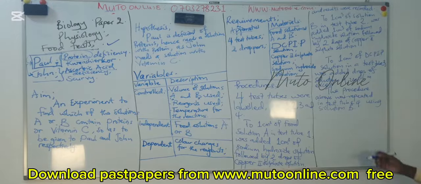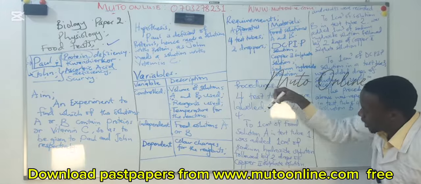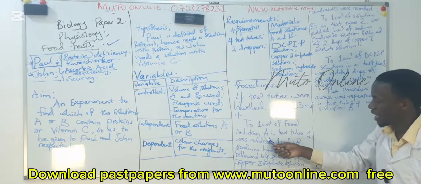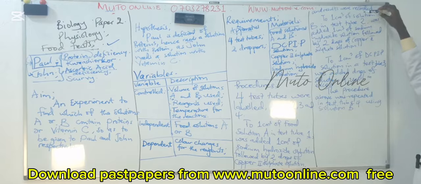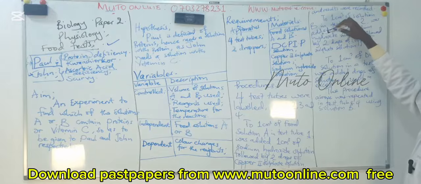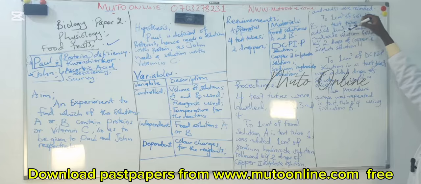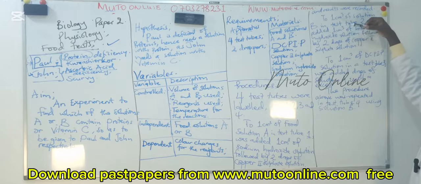So we have test tube 1 where we tested for proteins on solution A. Test tube 2, where we tested for proteins, because these are the reagents for the Biuret test. The reagents are sodium hydroxide and copper sulfate.